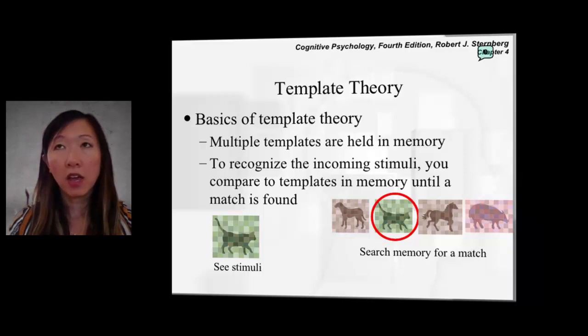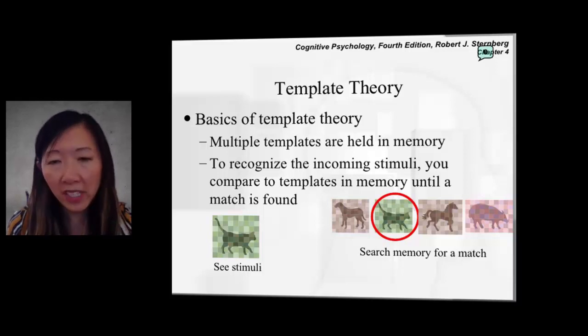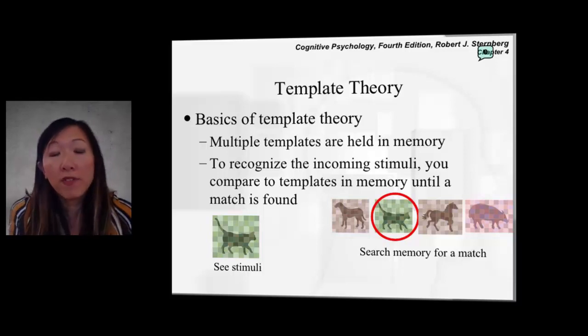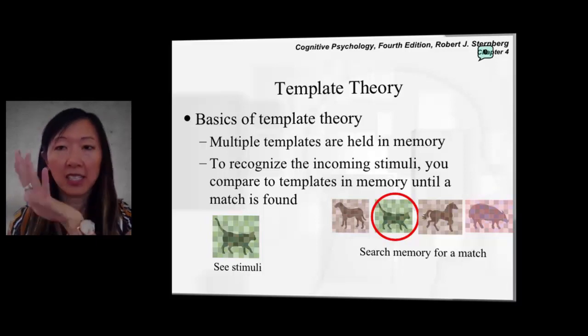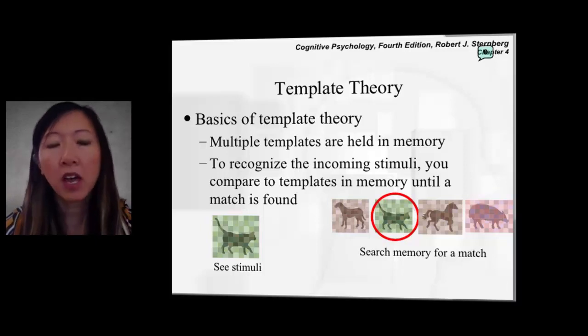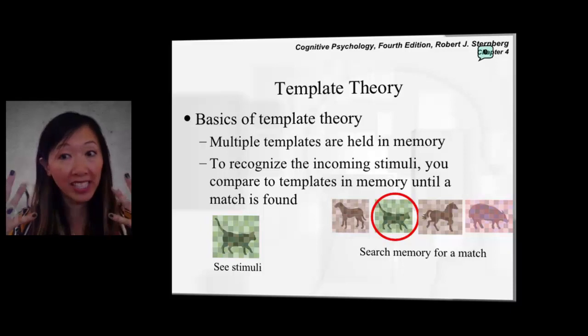We might have a lot of templates for what animals or cats look like, but in order to recognize it as a cat, we have to search our memory for that exact cat. And if we don't find it, then we don't recognize it for what it is. Okay, so you can let that sink in a little bit.